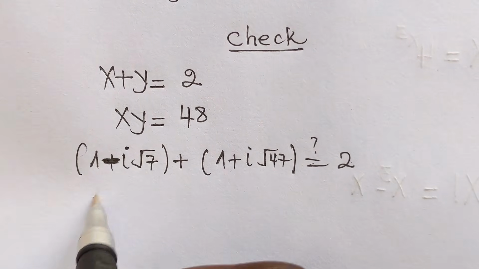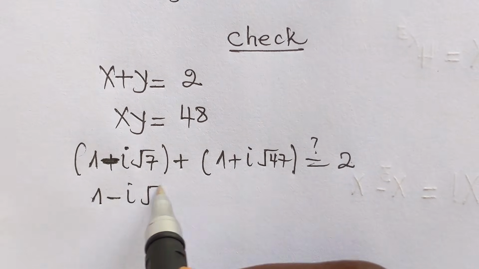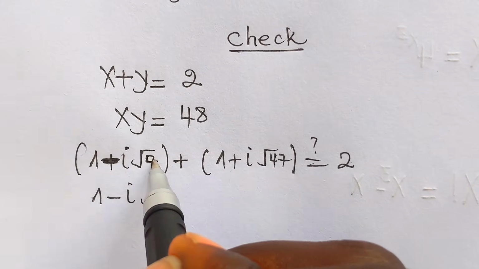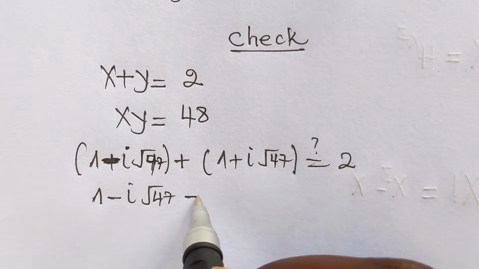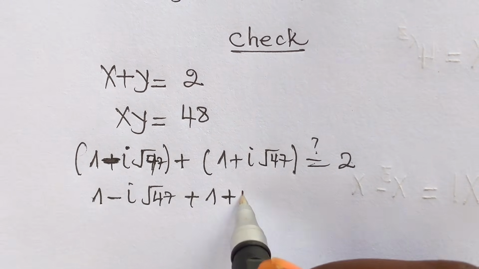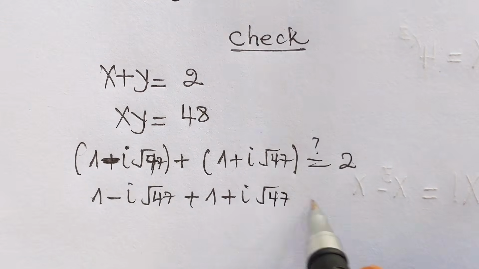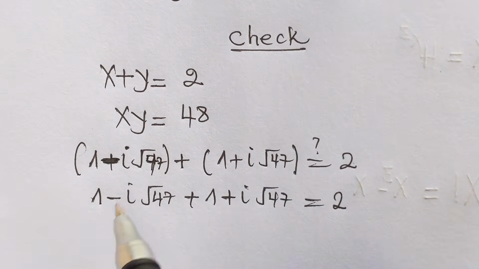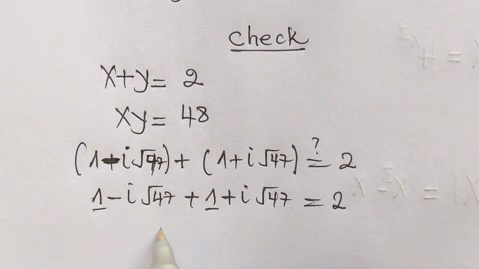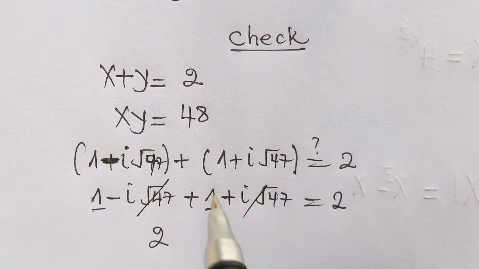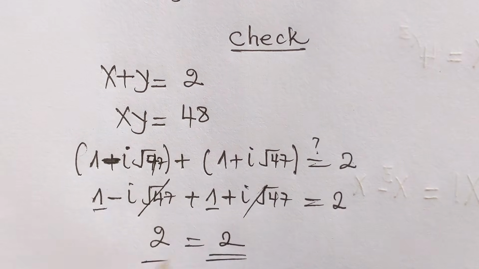And of course 1 minus i square root of 47 plus 1 plus i square root of 47 is equal to 2. 1 plus 1 equals 2. This and this will be cancelled, which is equal to 2.